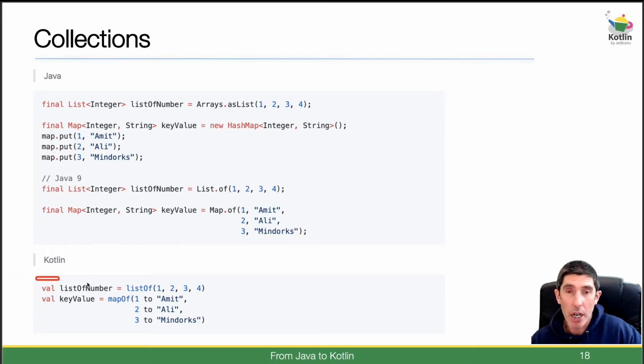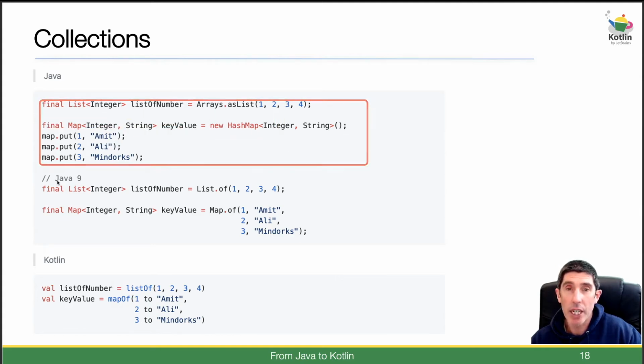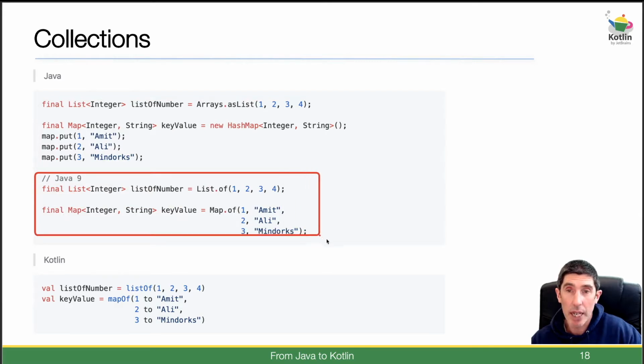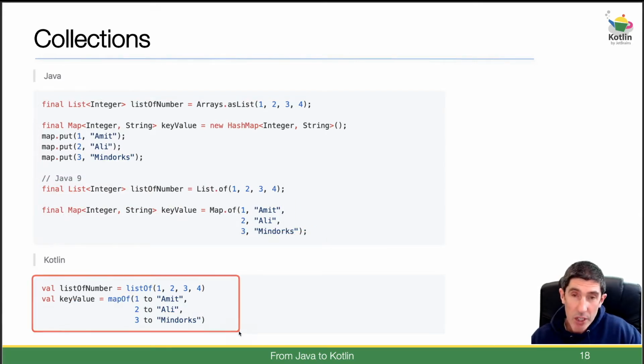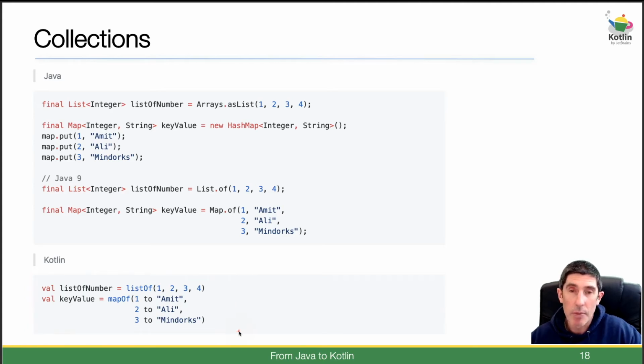But if we look at it in Kotlin, we can say our list of numbers is assigned listOf 1, 2, 3, 4, and the same with mapOf, and we hard code it directly. So if you compare the pre-Java 9, even the later versions of Java now, to its Kotlin equivalent, it's much easier to understand, much easier to read, write, and just less lines of code.